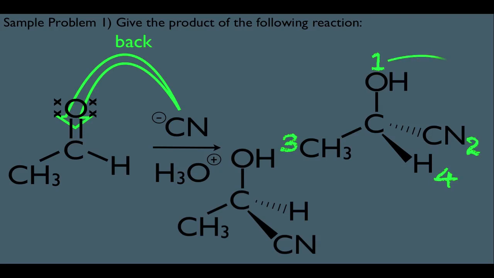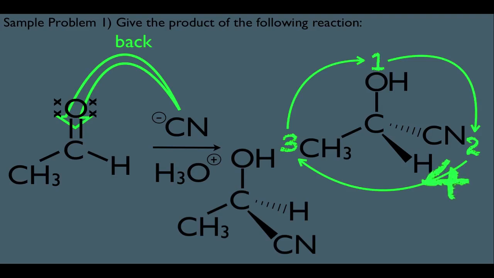And in this case the sequence is turning 1 to 2, 3 to back to 1 again. But notice in this example our fourth priority group is sticking out at us, and if you remember correctly from a previous online lecture, that means you have to reverse your answer. So even though this is turning R, we reverse that, which means this carbon is actually S.